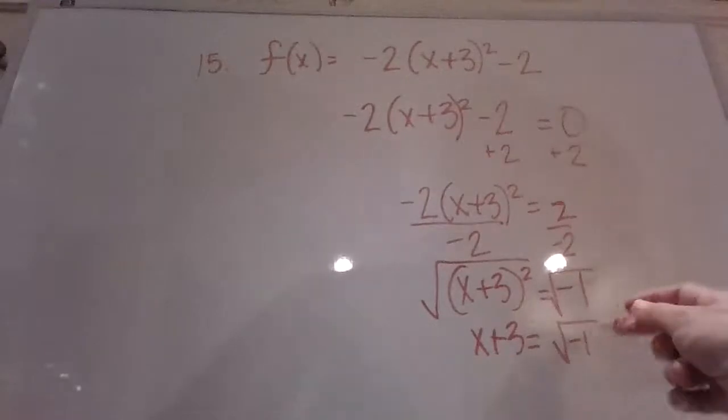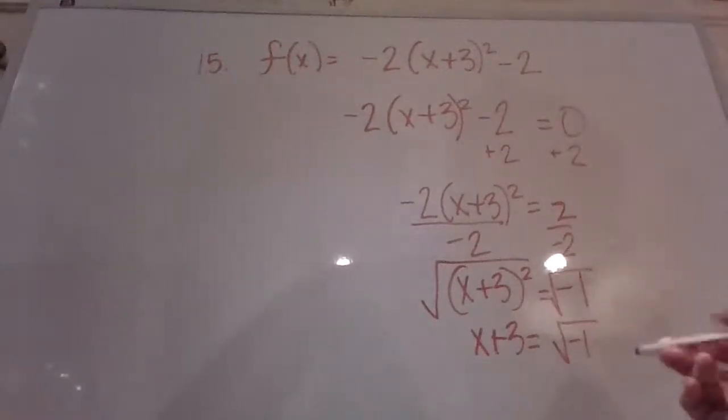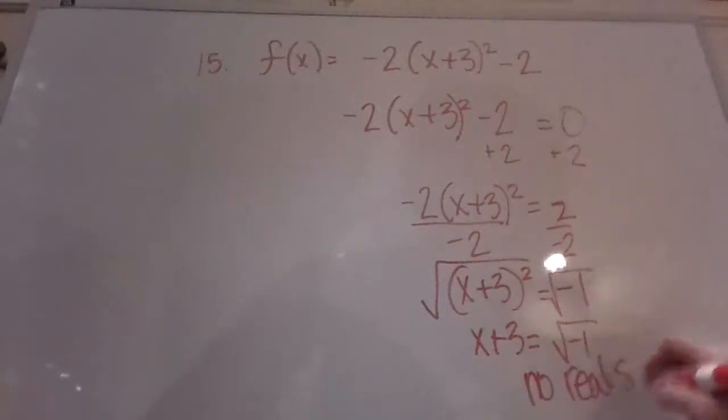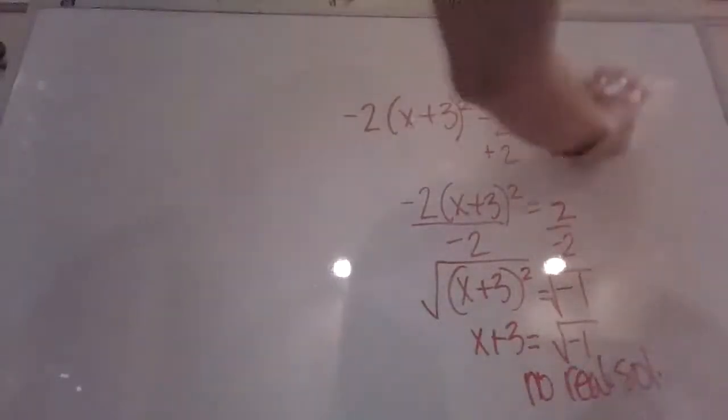I know that that cannot be a real number, so there's no real solution for number 15. You will have one of those in your homework, but just one. Actually, you don't have one on your homework. It was number 16 and I didn't assign it to you, so you're good.